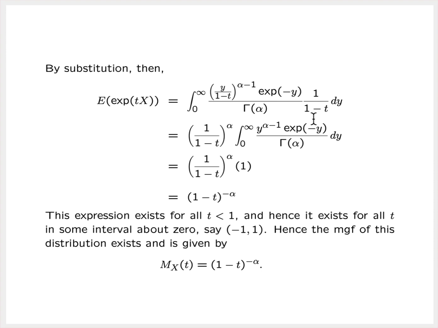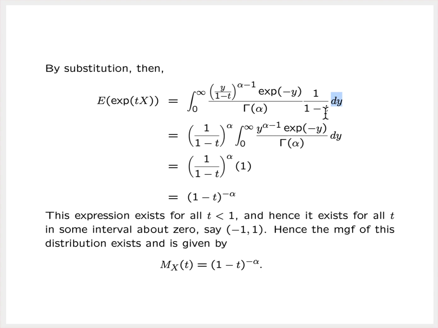Now, let me first note that we have 1 over 1 minus t showing up in two places, here at the end, and also over here: there's a y times a 1 over 1 minus t raised to the alpha minus 1 power. So the expression 1 over 1 minus t does not depend on the variable of integration y, and so we can pull that out front.